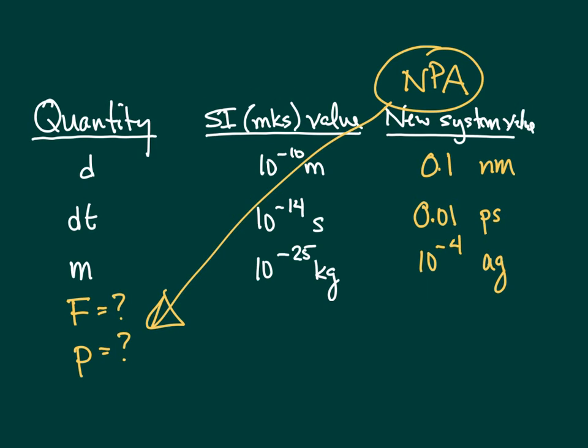That's actually going to become part of your homework. What is the new force unit for this new system of units? What is the new momentum unit? The program is actually not going to change a ton, but when we change to a new unit system, we'll be able to solve this physics problem better.